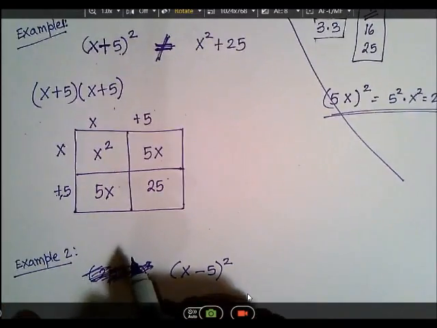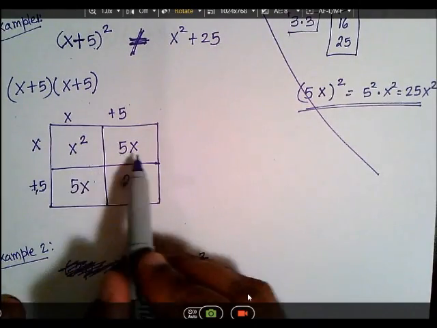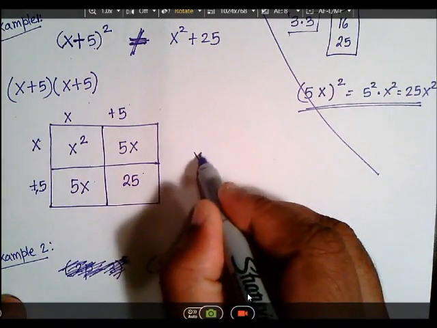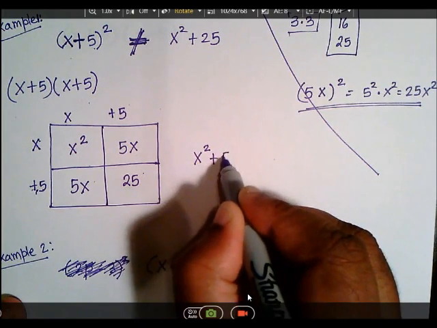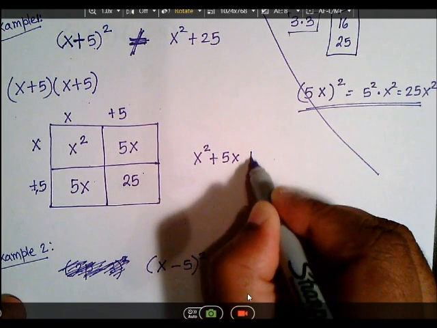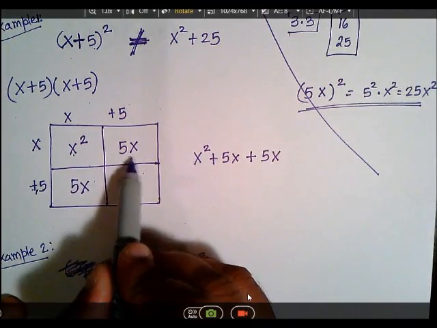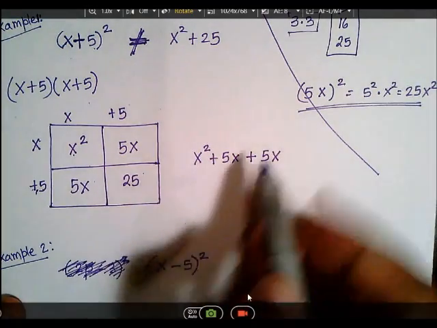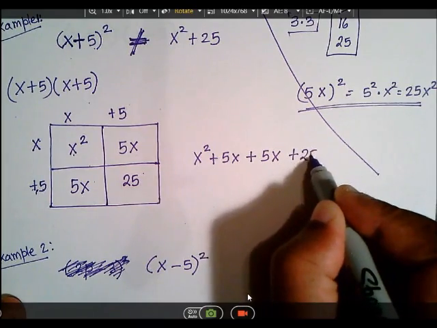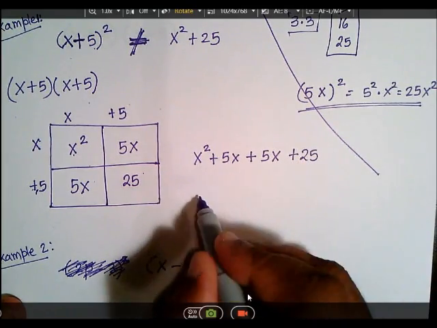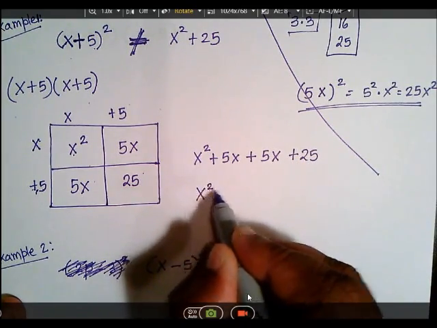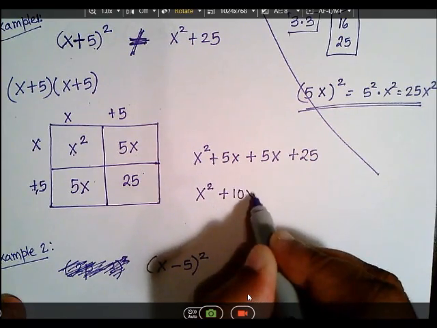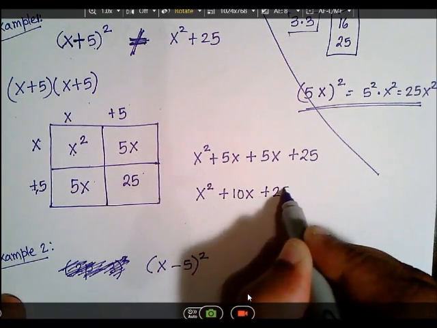So if I put all these terms together, the ones that I got after multiplying, I get x squared plus 5x plus 5x plus 25. Combining the like terms, I have x squared plus 10x plus 25.